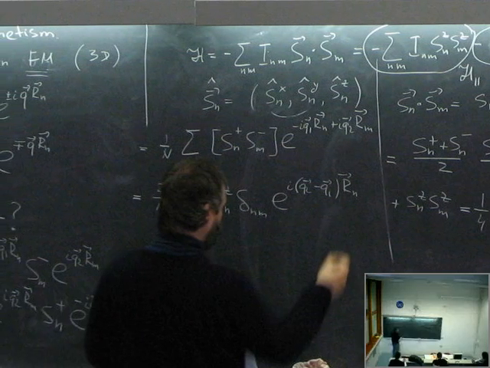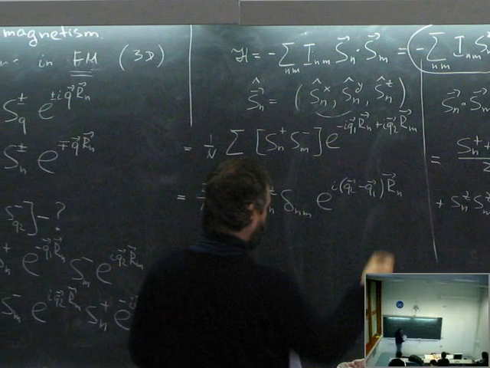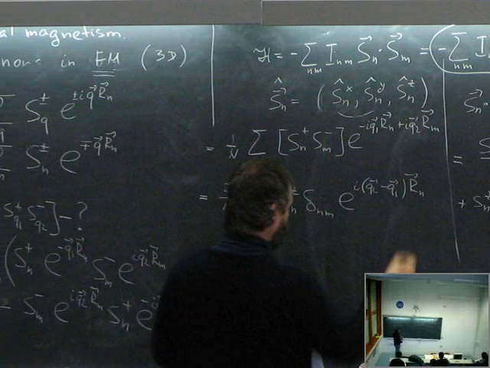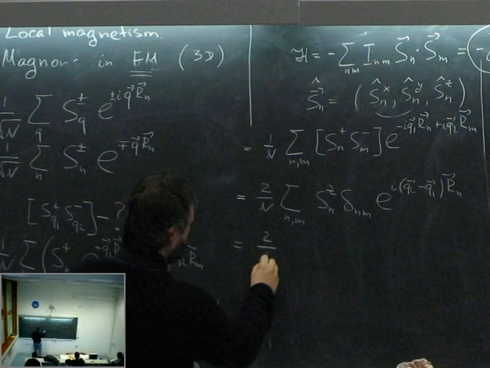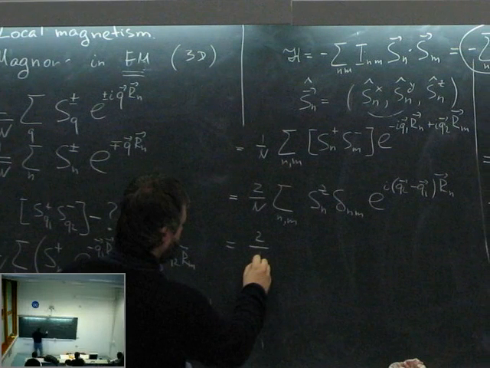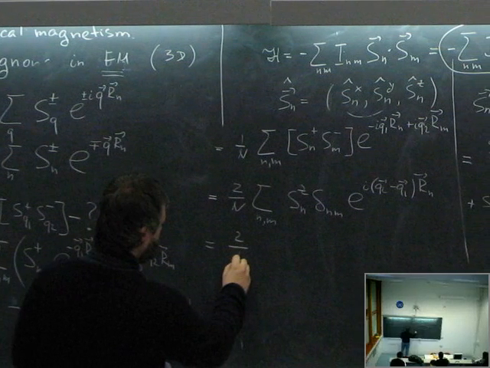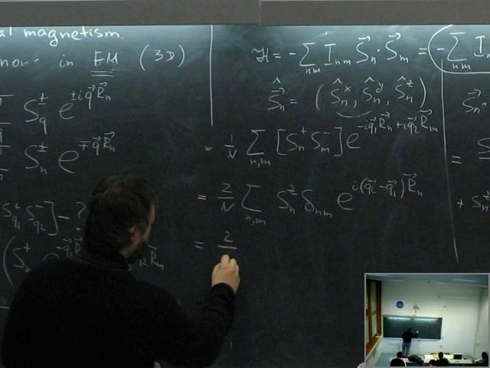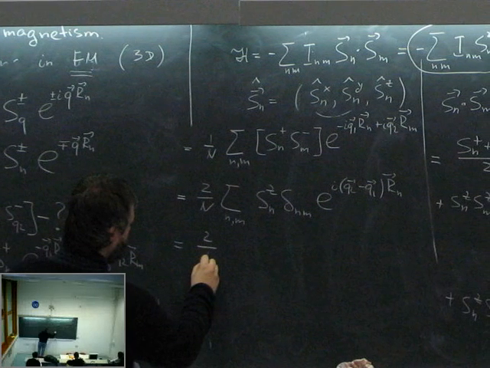I already used the fact that n and m are the same. And of course, I can take out one summation and therefore drop the delta function: 2 over N, sum over n, S_n^z e to the power i (q2 minus q1) r_n.